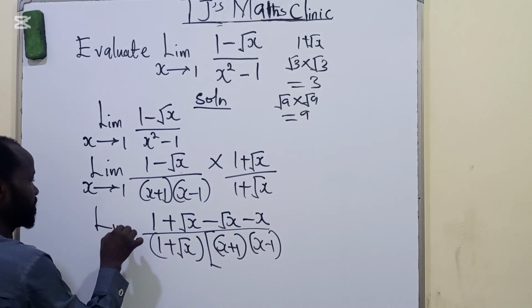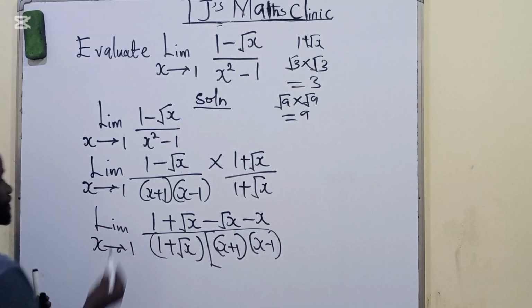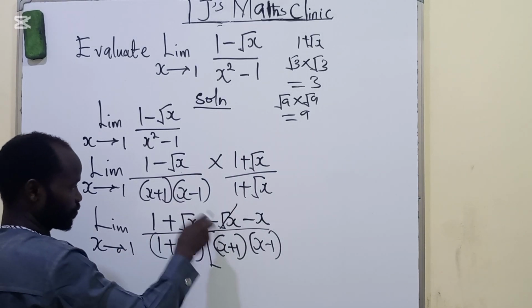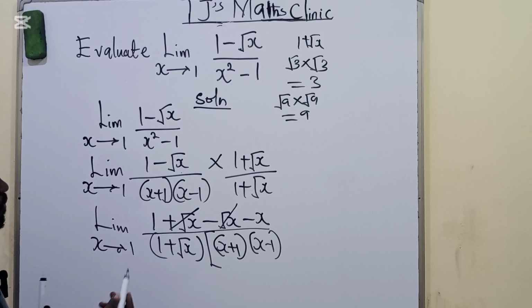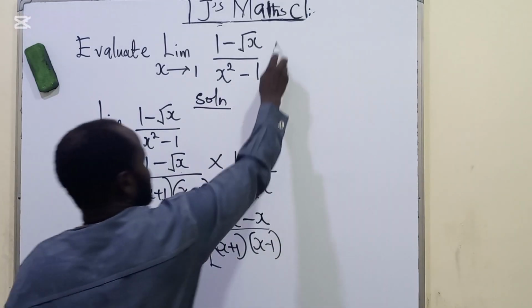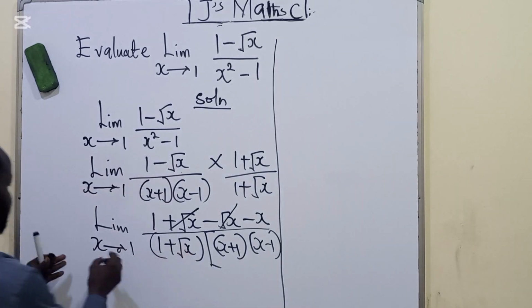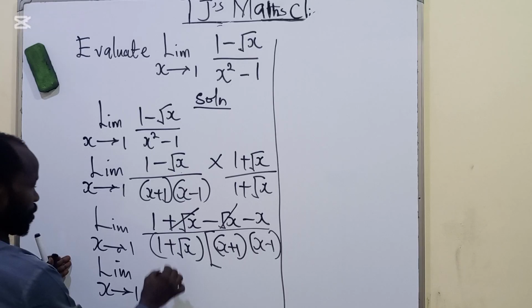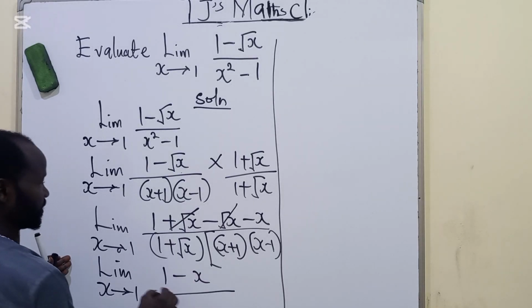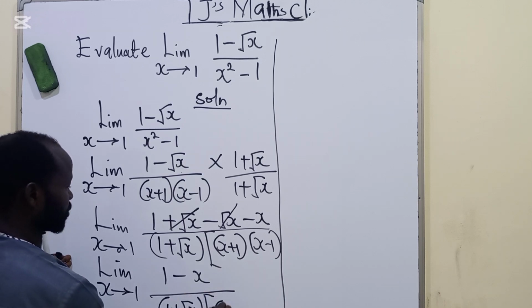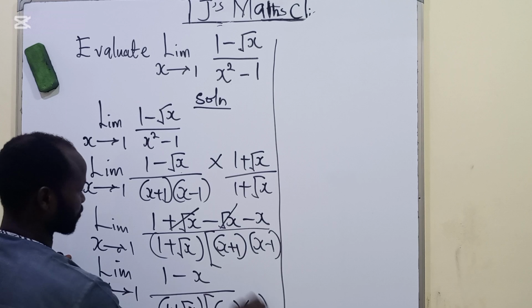The limit now as x approaches 1: in our numerator, plus root x minus root x is 0. So we are left with the limit as x approaches 1 of (1 minus x) divided by (1 plus root x)(x plus 1)(x minus 1).